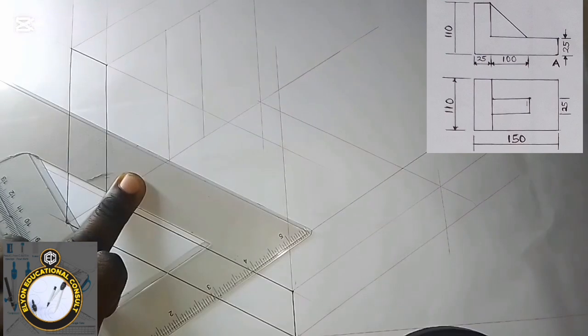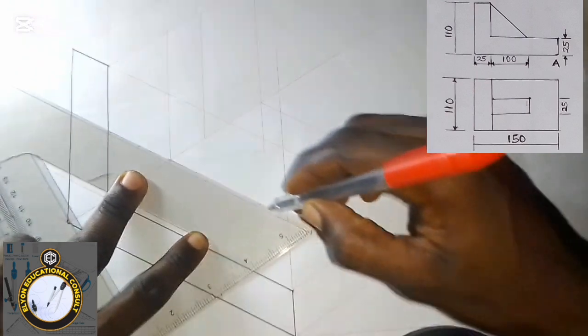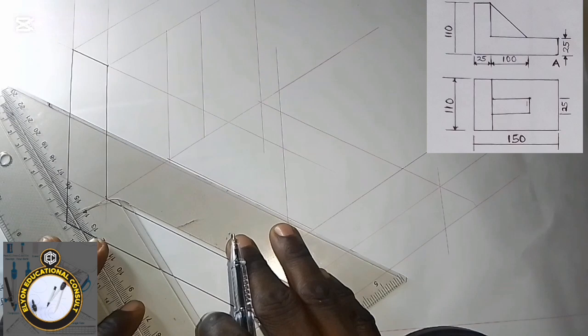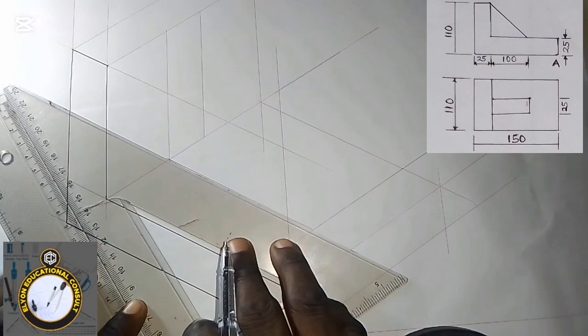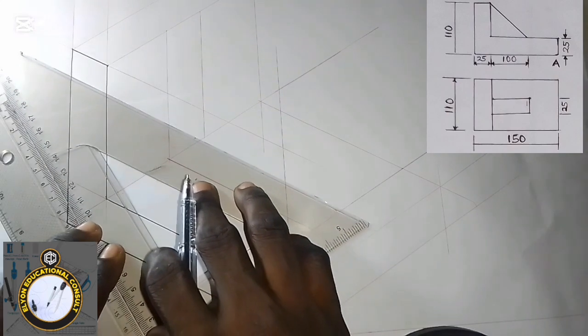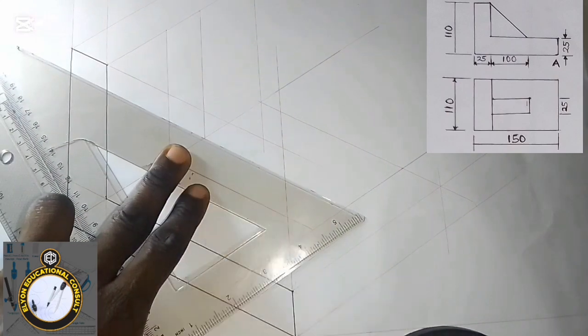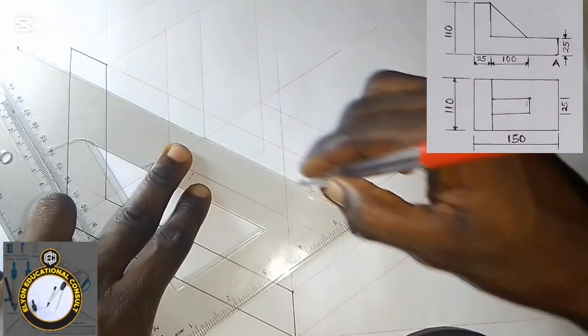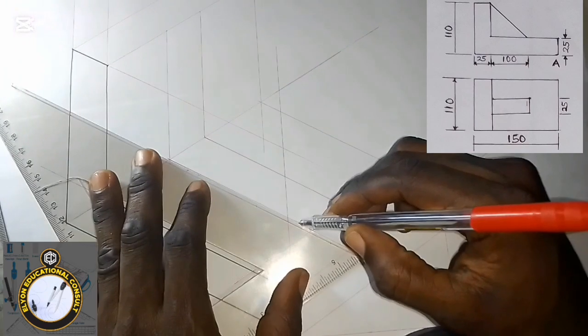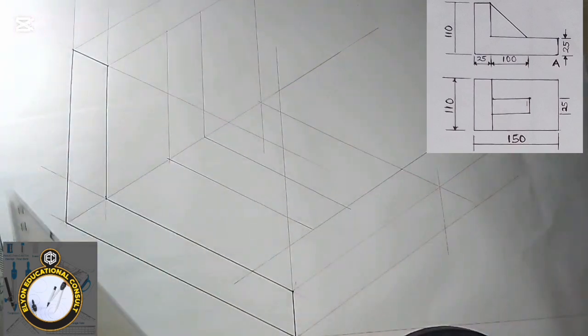So I can draw the line that way. Then I move to the other one too. I will draw for the other one, slide it like get there. So I'll draw this. Okay, we have this meeting this part here.